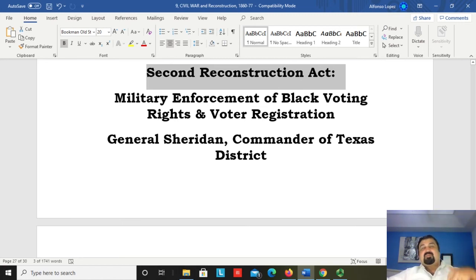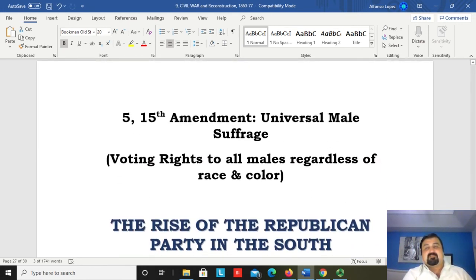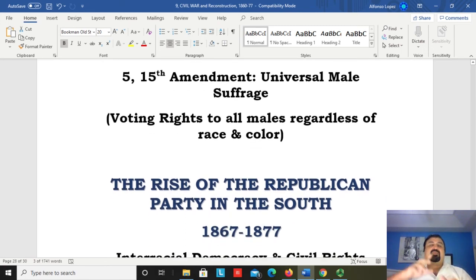The Union Army is going to be educating them, teaching them where to go and register to vote, and they're going to try to protect that population, protect them in the process of voting and the like.